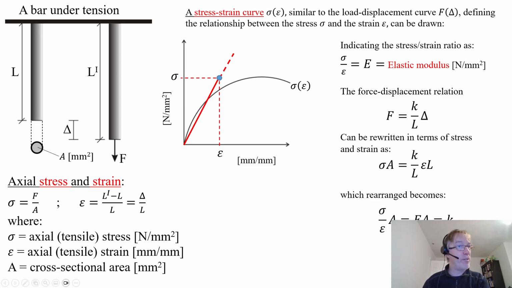So we now have a better understanding of what K actually is. It's no longer just a gradient on a line, it's now E times A. Now E is the mechanical properties of the material being used, and A is the geometry, or the sectional area, of the rod in this example.